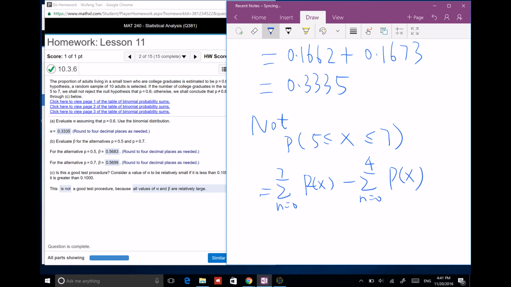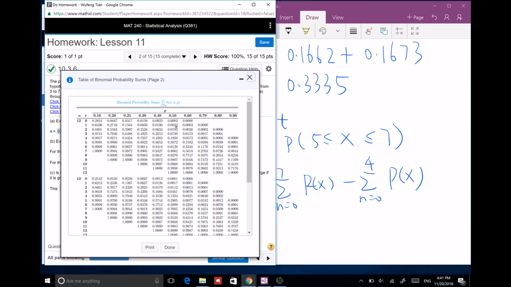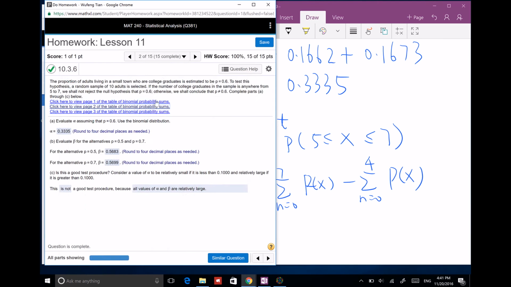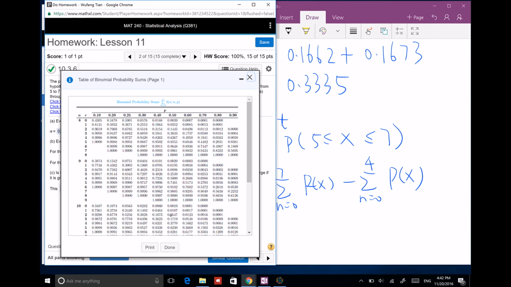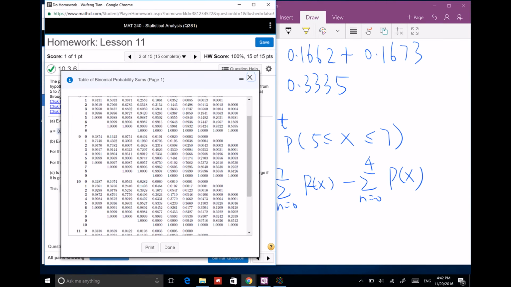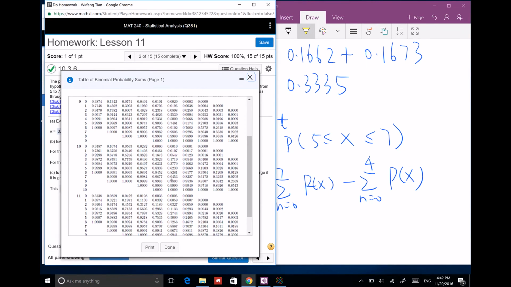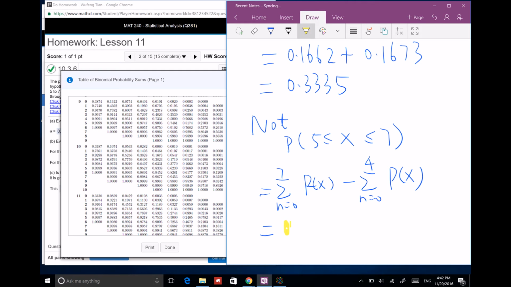Now let p equal 0.5. We'll look at 0.5 up to 10, not this one, but this one, 10, 0.5, and up to 7. Up to 7 is going to be 0.9453.